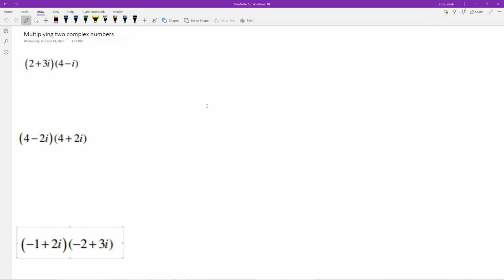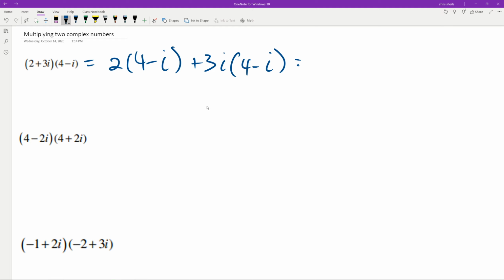Let's look at what happens if I multiply two complex numbers. 2 plus 3i times 4 minus i. So this is 2 times, using the distributive property here, 4 minus i plus 3i times 4 minus i. This is 8 minus 2i plus 12i minus 3i squared.